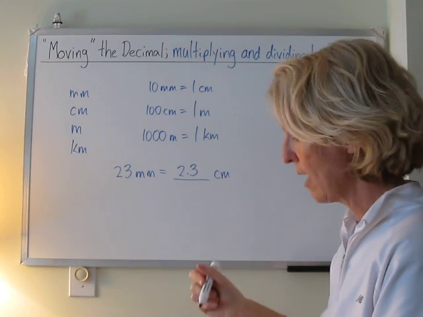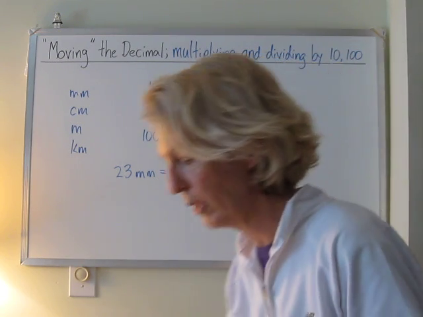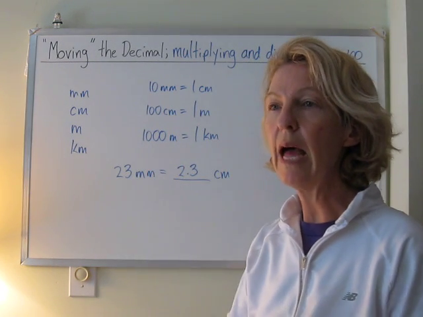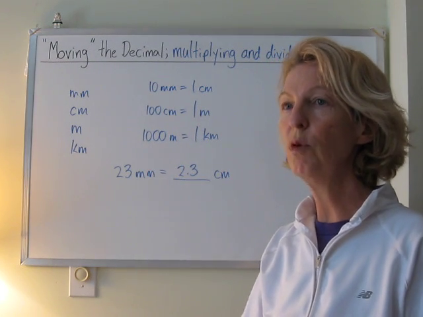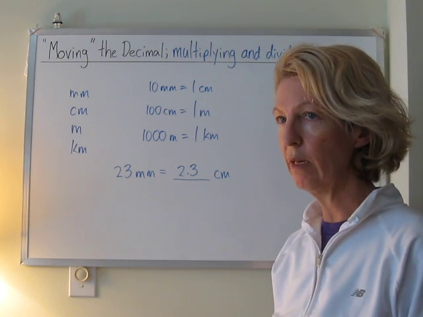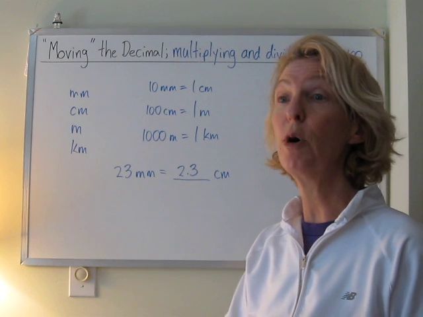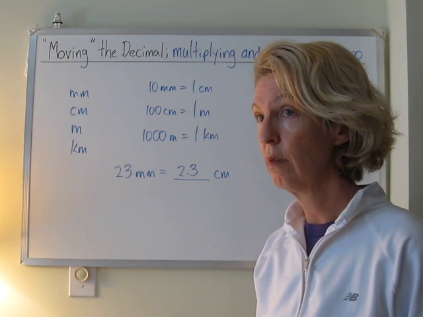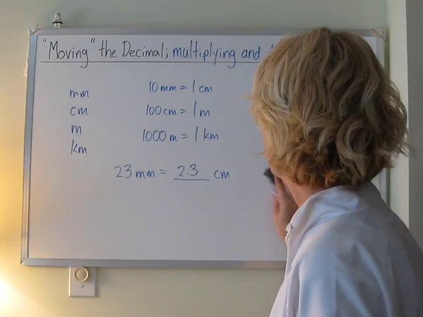Okay, good. Now, let's do another conversion, because this is why in the classroom the teacher just said move the decimal. But I don't think they explained that when you move the decimal you're actually multiplying by 10 or dividing by 10. No, they didn't explain. That's the bad thing.